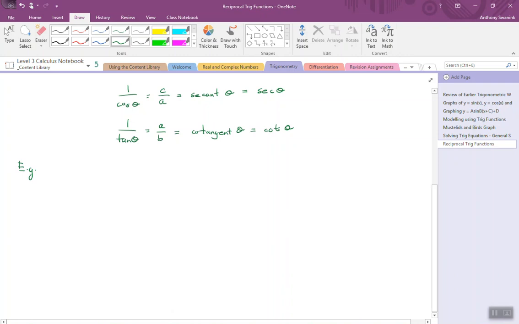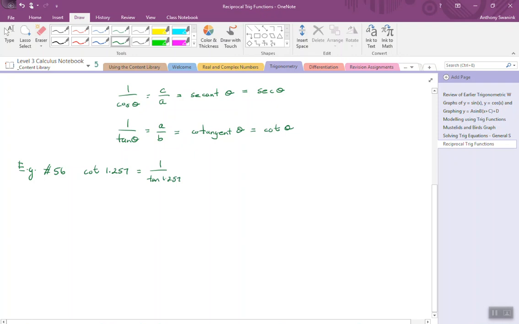Let's say question number 56 asks you to evaluate the cotan of 1.257. If you look at your calculator, you're not going to find a cotan button, but you do have a tangent one. So that is simply equal to 1 over the tangent of 1.257.